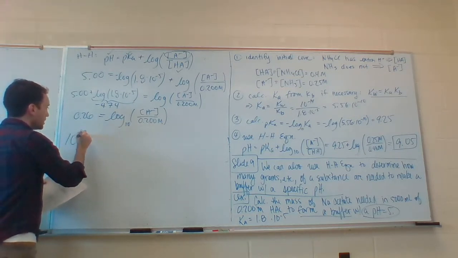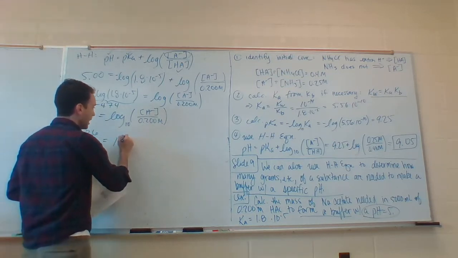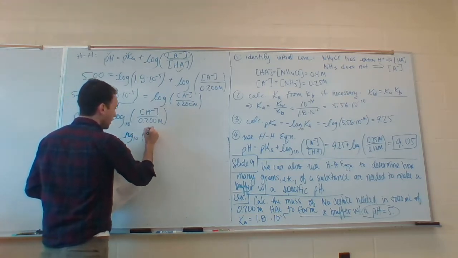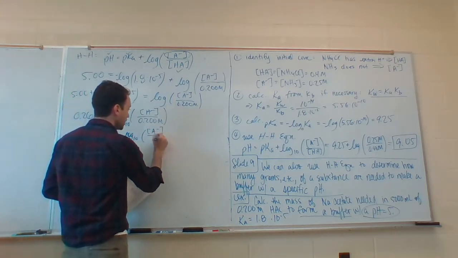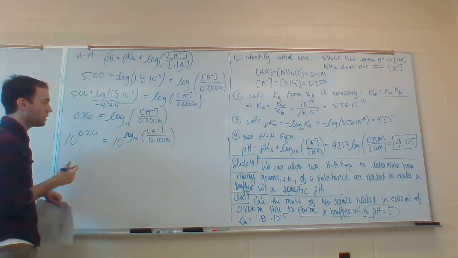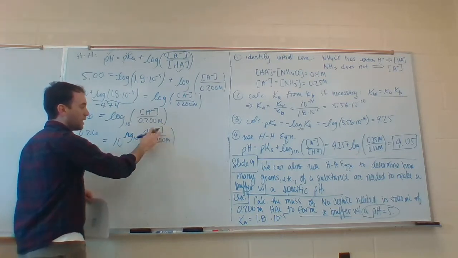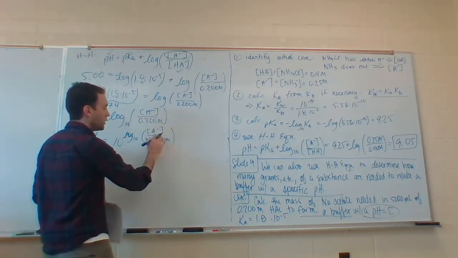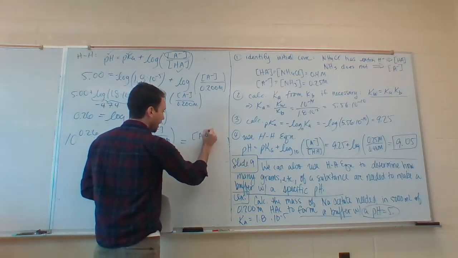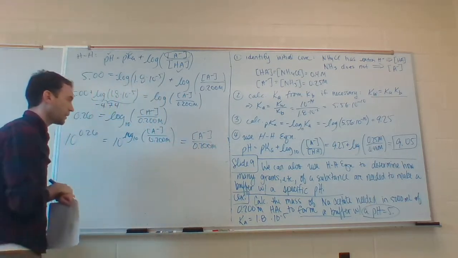So we have 10 to the 0.26 is equal to 10 to the log base 10 of our concentration in A- over 0.200 molar. Don't forget how to do logarithms. When we have 10 raised to the log of the same base, what we get is everything inside. So this ends up being equal to our concentration in A- over 0.200 molar.